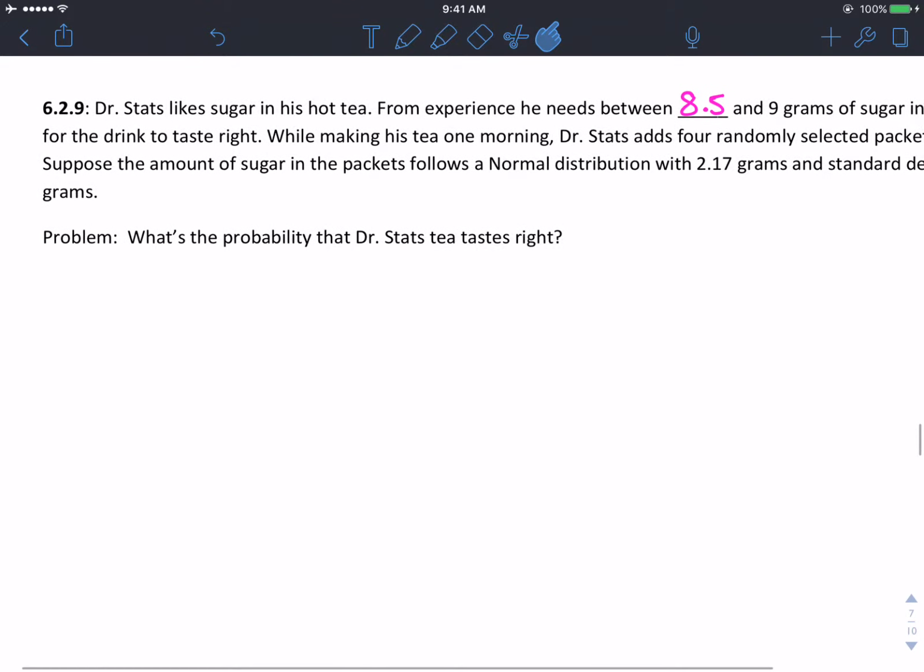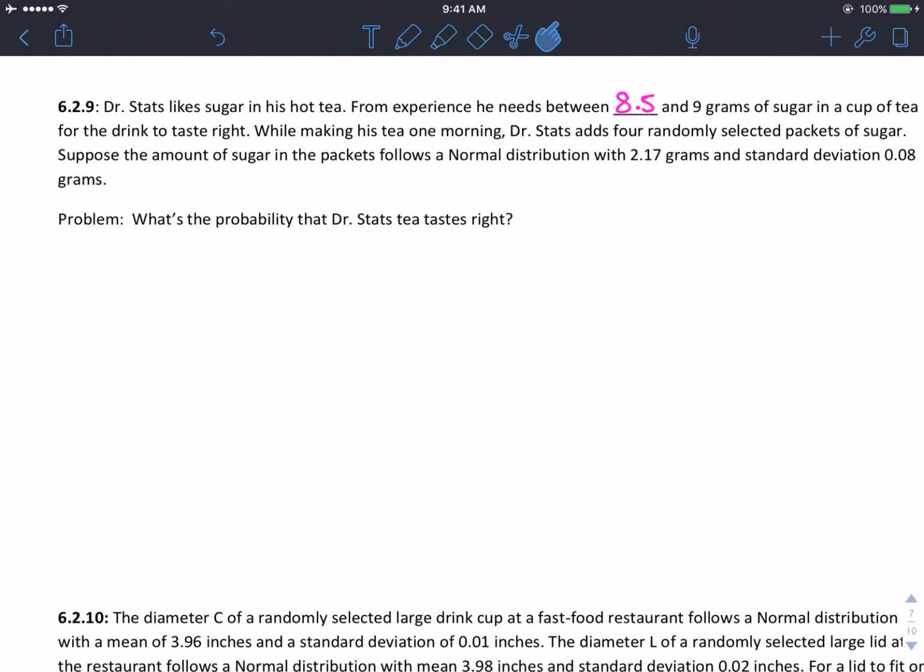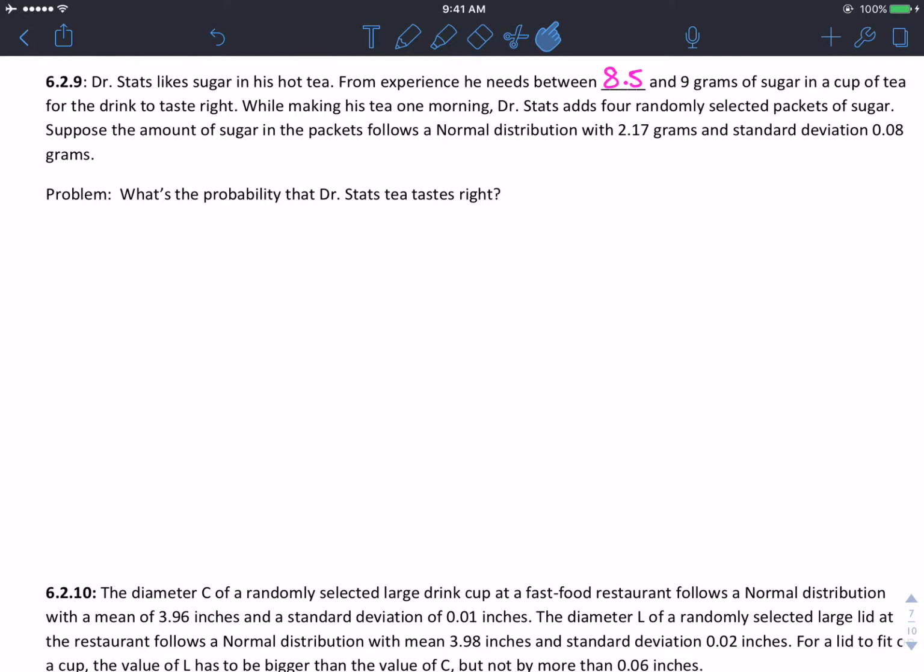Let's take a look at a T problem. What they say is, hey, we want 8.5 to 9 grams of sugar in a cup of tea, and that's going to be the perfect cup of tea.